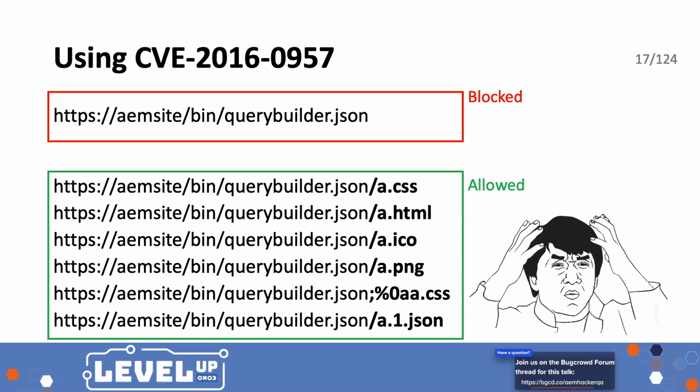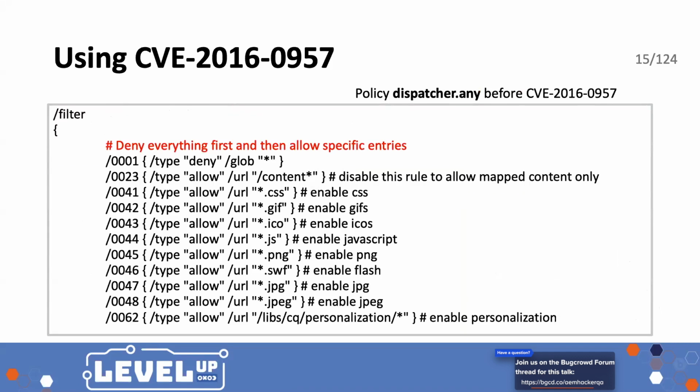Let's return to the policy. If we add /a.css to the URL, our request is allowed because of rule 0041. It has allow type, and it's the last rule that matches our request.